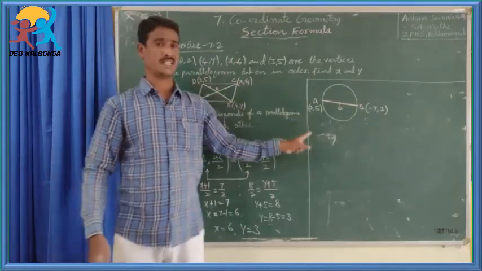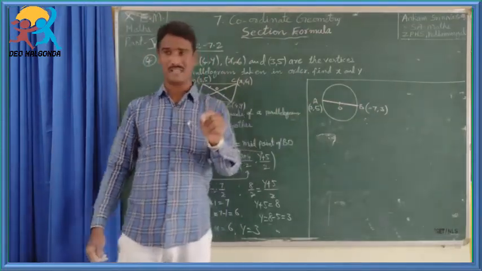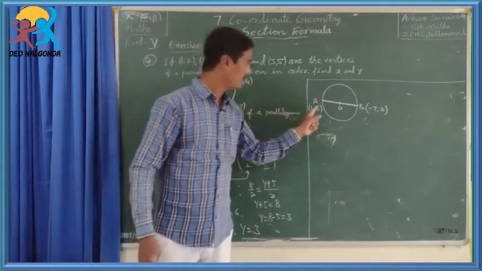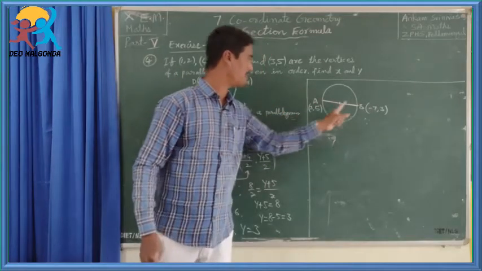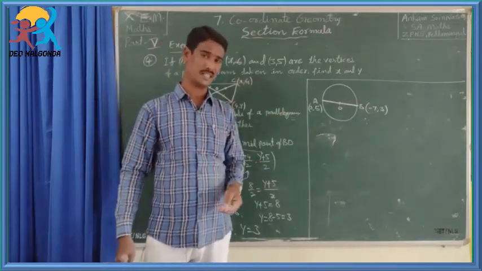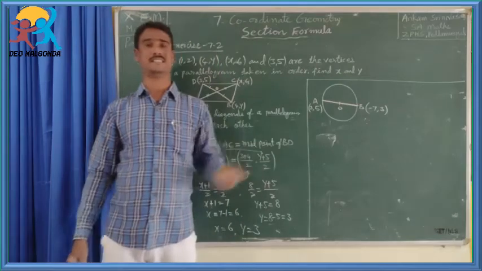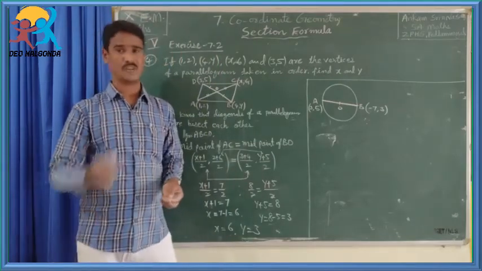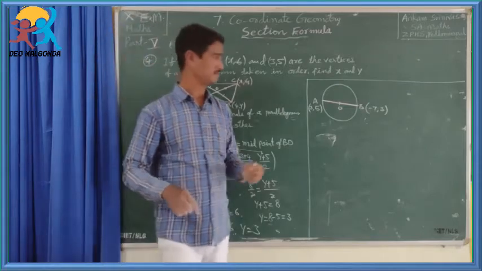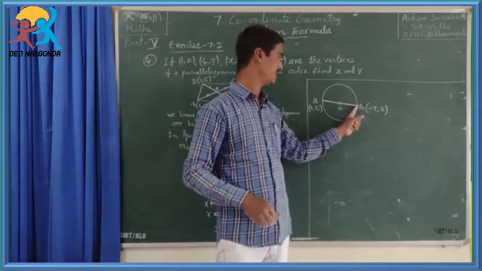Now, what is the question here? Find the center of the circle. If the endpoints of the diameter of a circle are (3, 5) and (-7, 3), then find the center of the circle. How to find the center of the circle? Think. Now this is the diameter and this is the center.